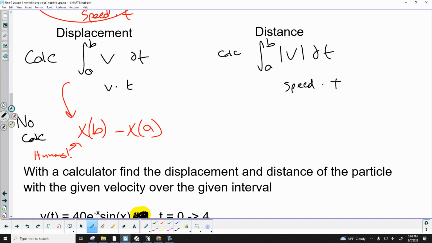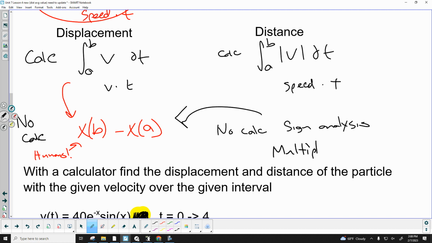Now, unfortunately, we don't know what the antiderivative of an absolute value function is. And I'm not going to teach you it because I don't know it. It's complicated. So really, without a calculator, if I'm asking you to find a distance, you need to do a sign analysis. And after doing a sign analysis, you'll need multiple b's minus a's of position.